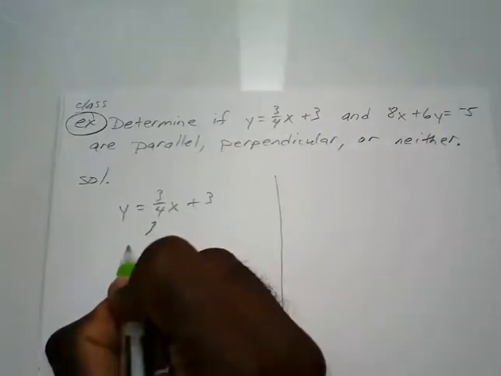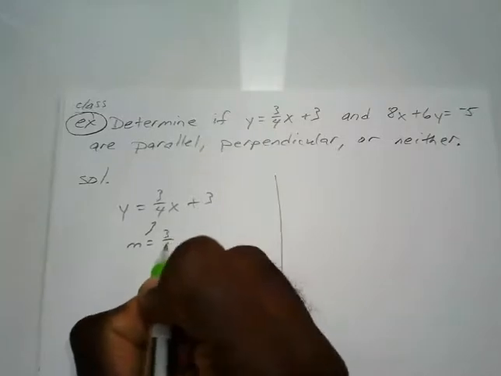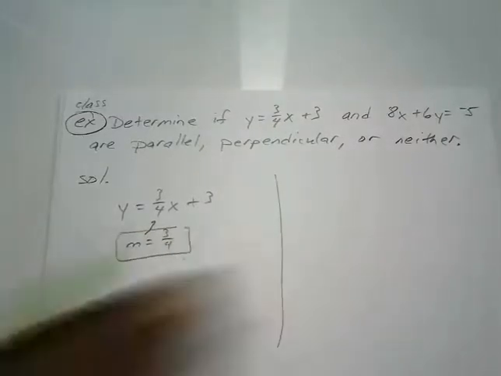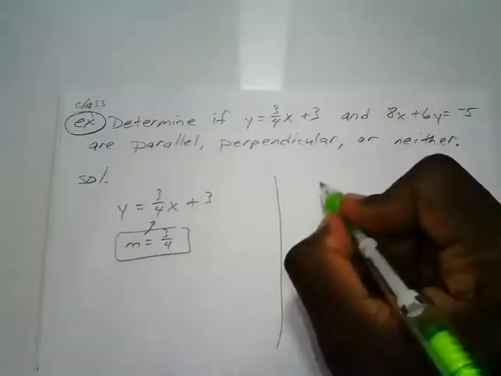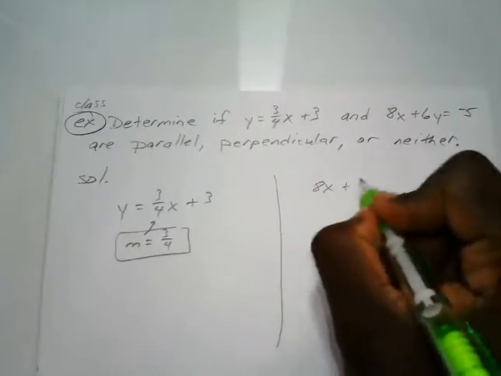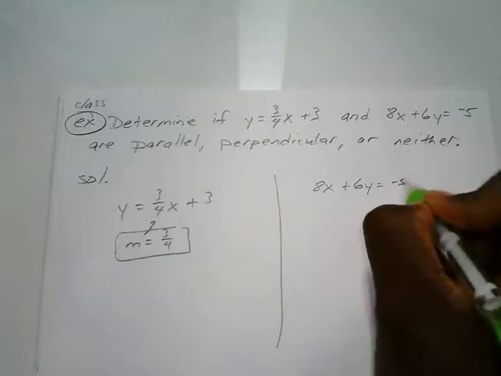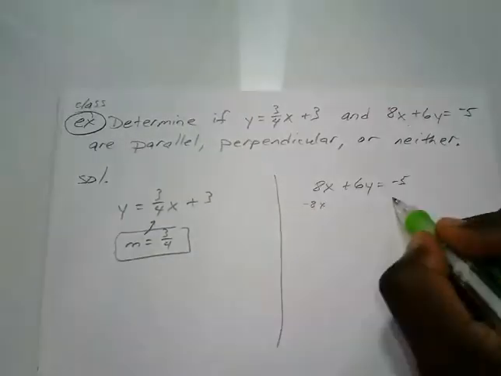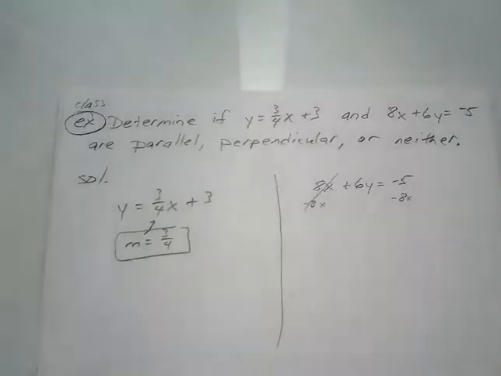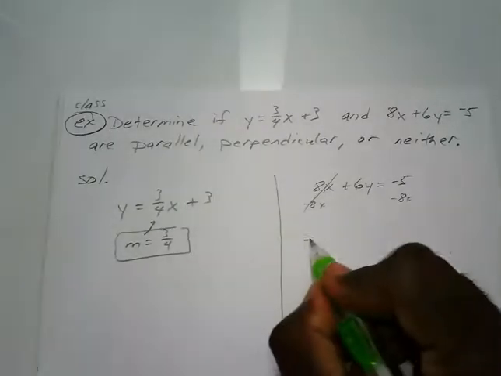So here we already know that the slope is equal to 3 over 4. Okay, now this one, 8x plus 6y equals negative 5. We're going to go ahead and subtract 8x from both sides, where those two cancel out.